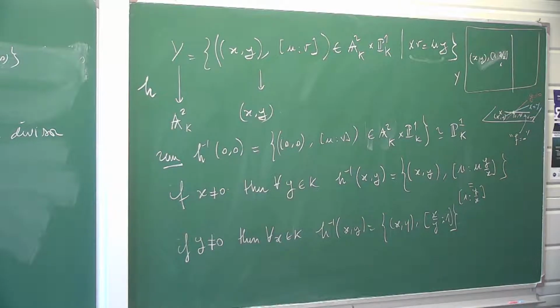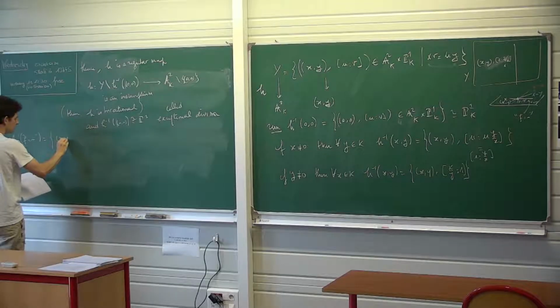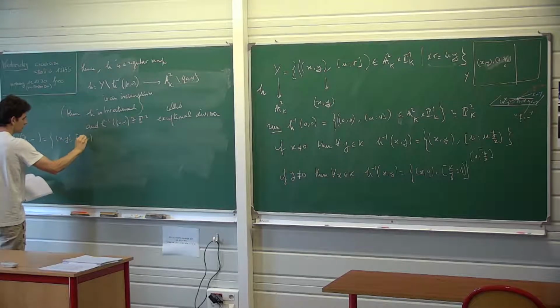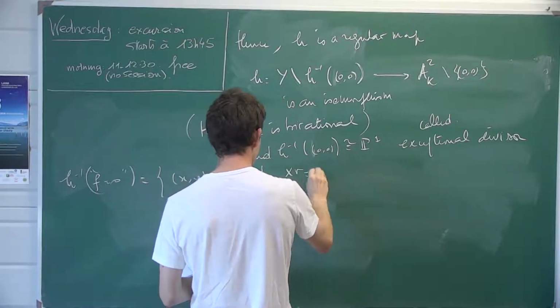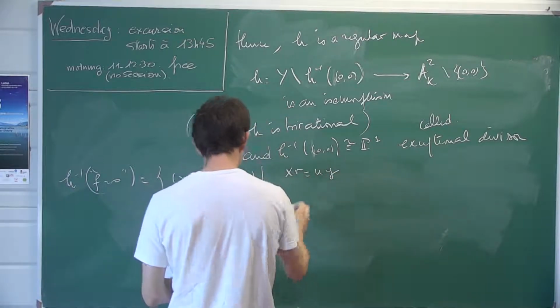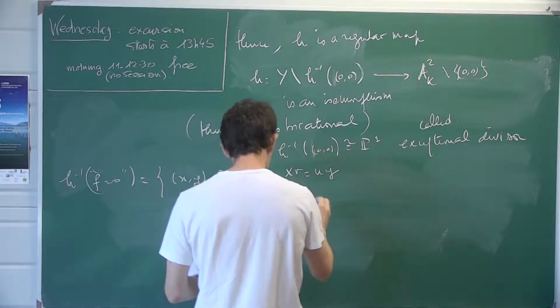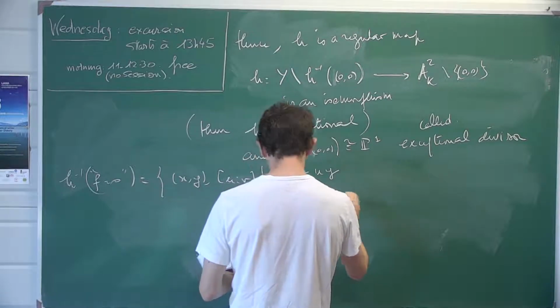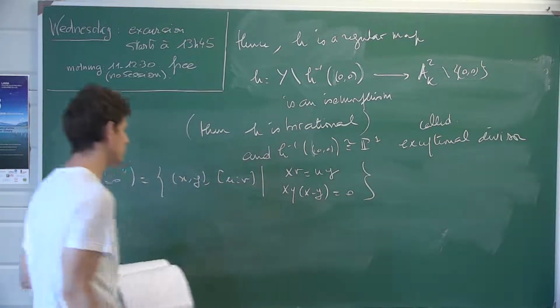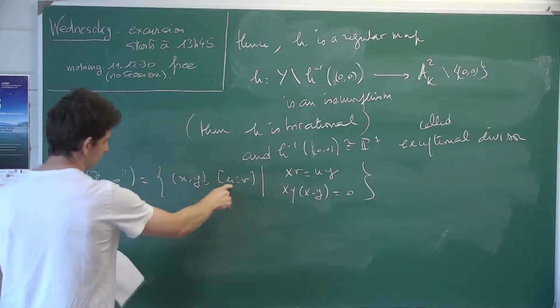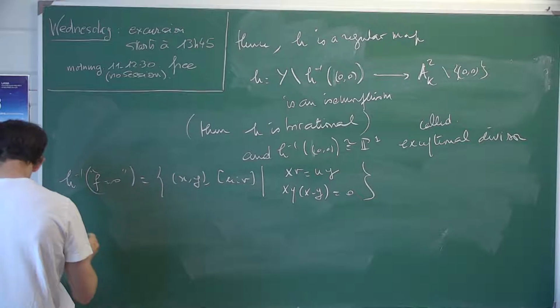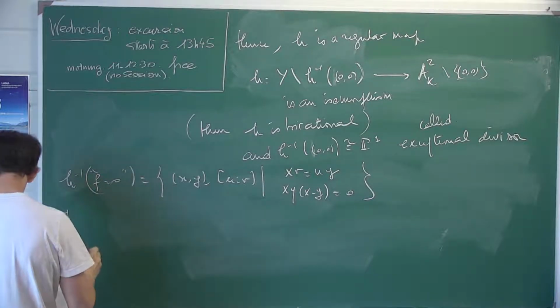So the inverse image of f equals 0 is a set of points (x, y), (u, v) such that first equation xv is equal to uy, second equation xy(x - y) is equal to 0. So we observe this in the different charts of P1 here. So let's do it.